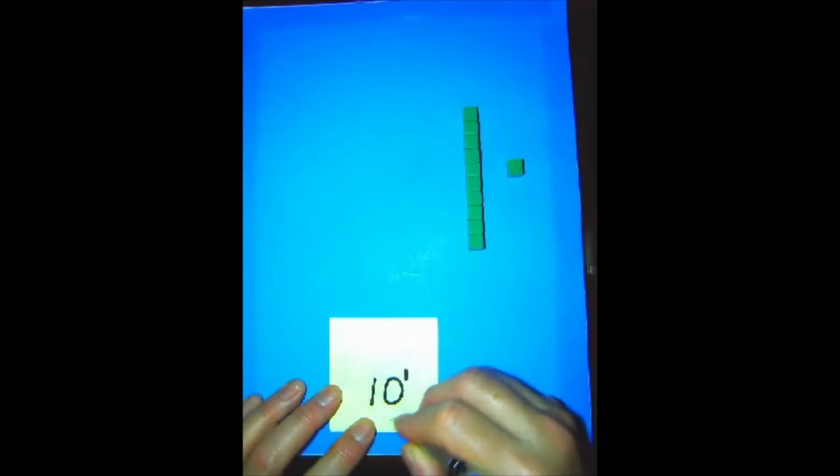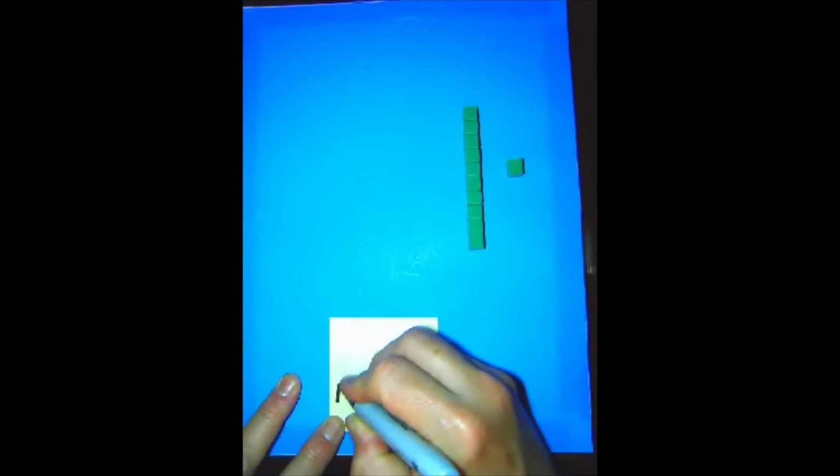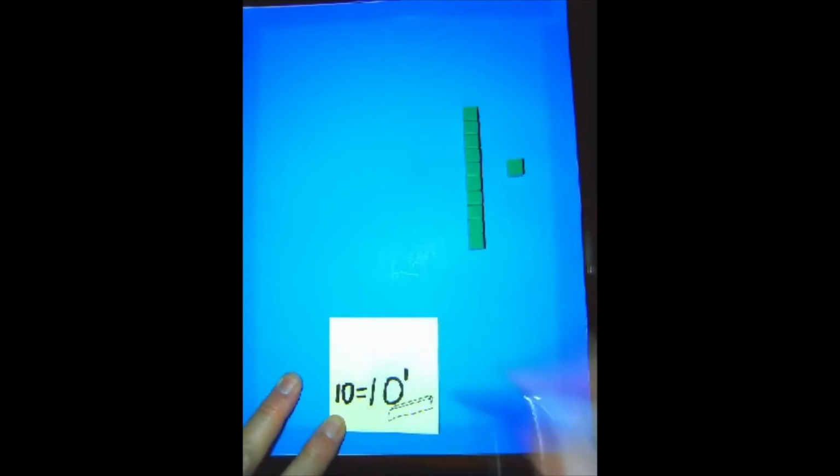It looks like one of these long things, like this. And when we think, what is that equal to? Well, let's take a look. It's equal to a 1 followed by 1, 0. So we can represent that as 10. Of course, we know it's a 10.